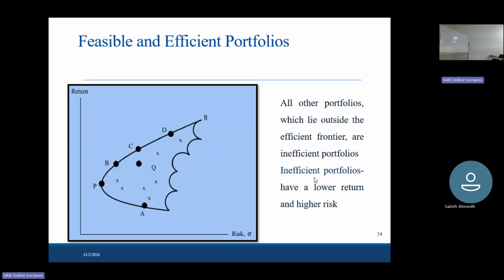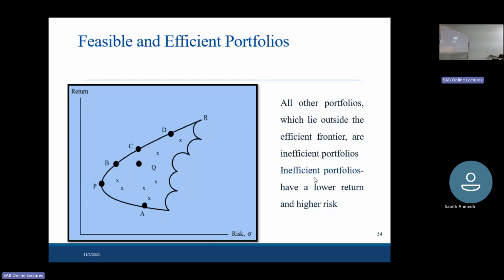If the risk is identical, if you go to this C and Q, the risk is the same. But if you are selecting this Q, you are not rational. For this level of risk, you can go to portfolio C. This portfolio C is an efficient portfolio because for this degree of risk, this is the maximum return that you can earn.